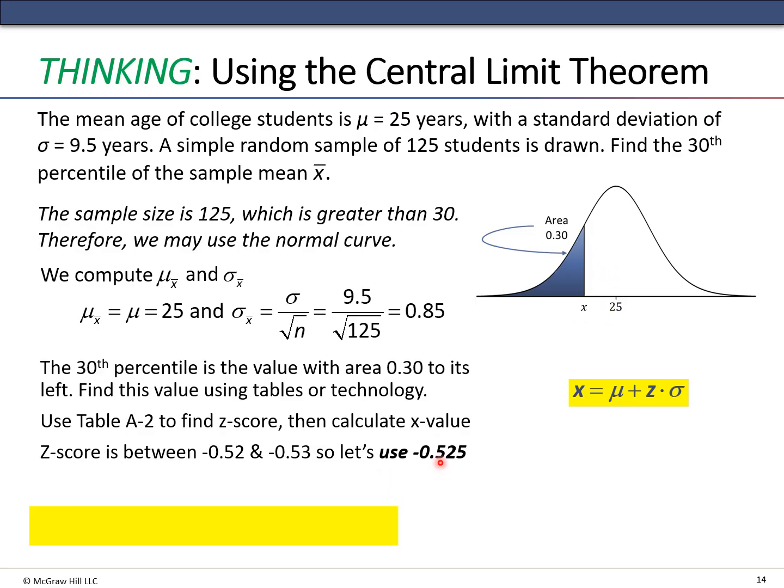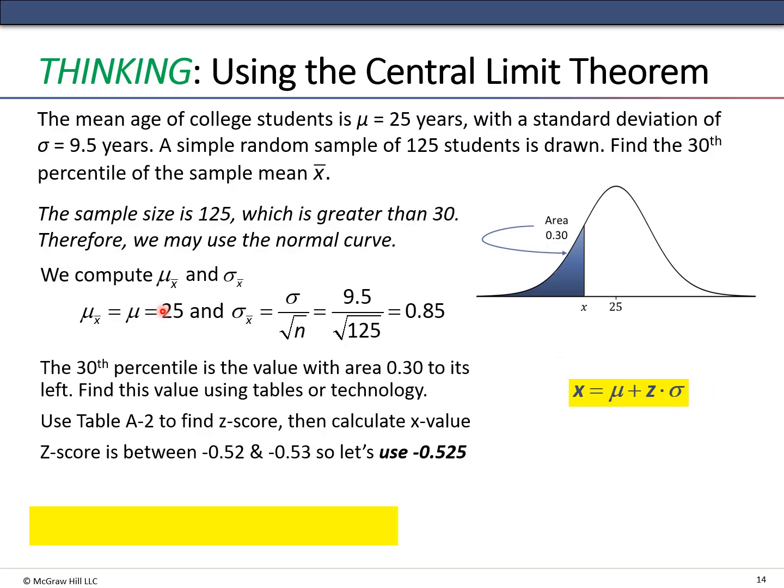So we're going to use the value exactly in between. Since it's roughly midway between these two values, and we don't have an entry in the table that's exactly 0.3000, we're going to use negative 0.525 for our z value.